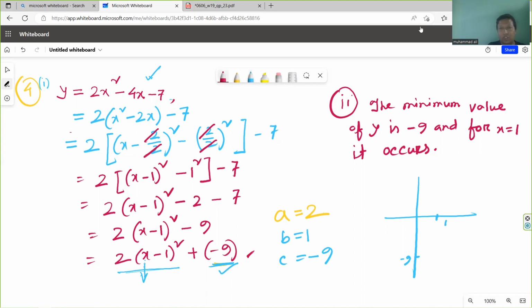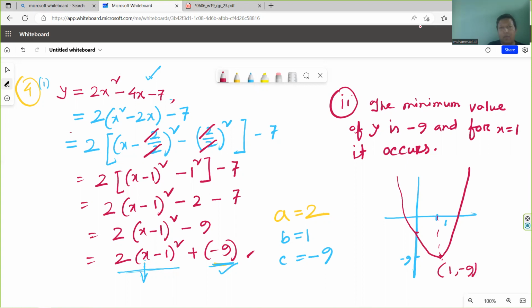If we sketch this curve, it is U-shaped, and this minimum point has coordinates (1, −9).